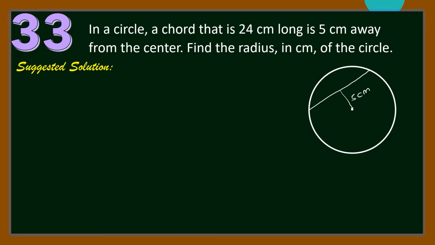This 5 centimeter segment, since it is perpendicular to the chord, divides the chord into two equal segments that is equal to 12 centimeters each. Hence, the radius of the circle will be the segment from the center to an end point of this 24 centimeter chord.